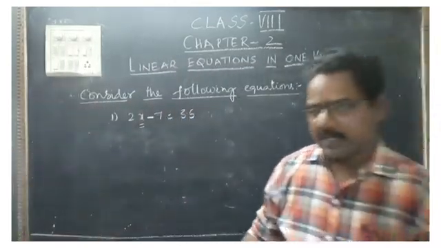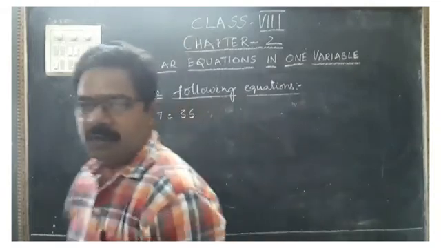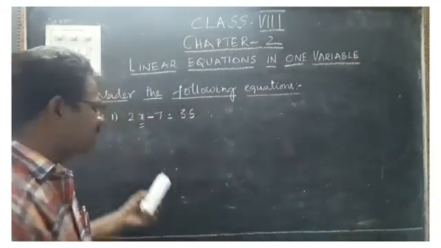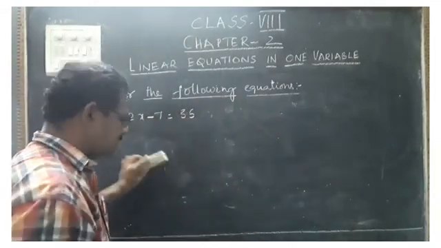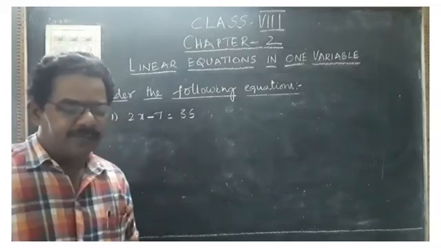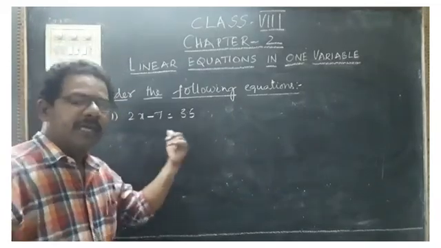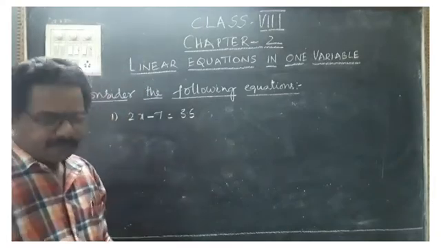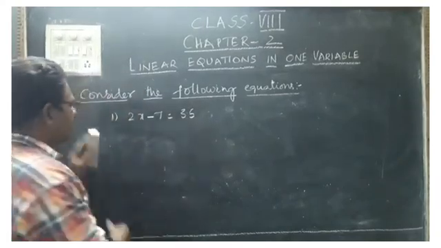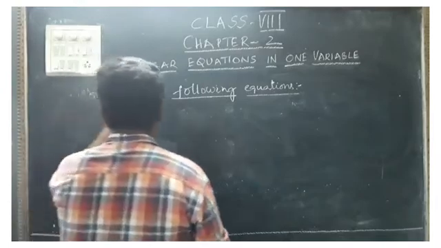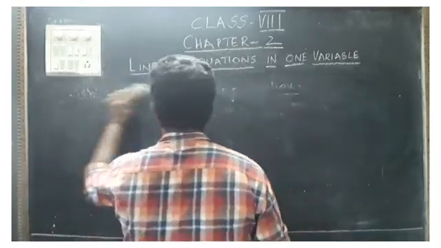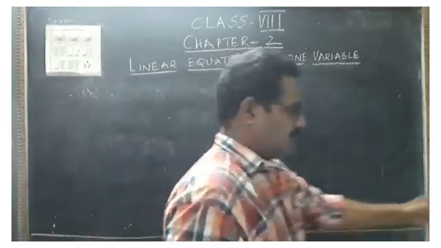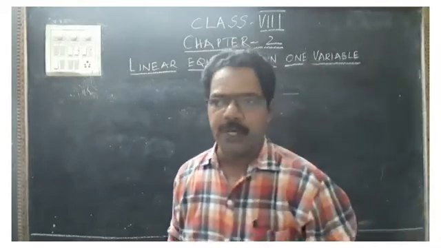That is transposing terms, and the next one is the substituting method. After applying those methods we will get the solution of this equation. Suppose for this I am going to give you an example.